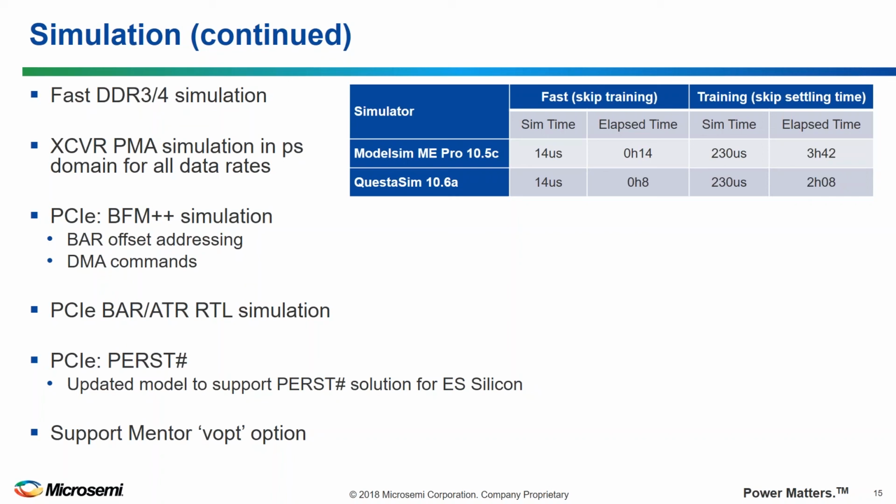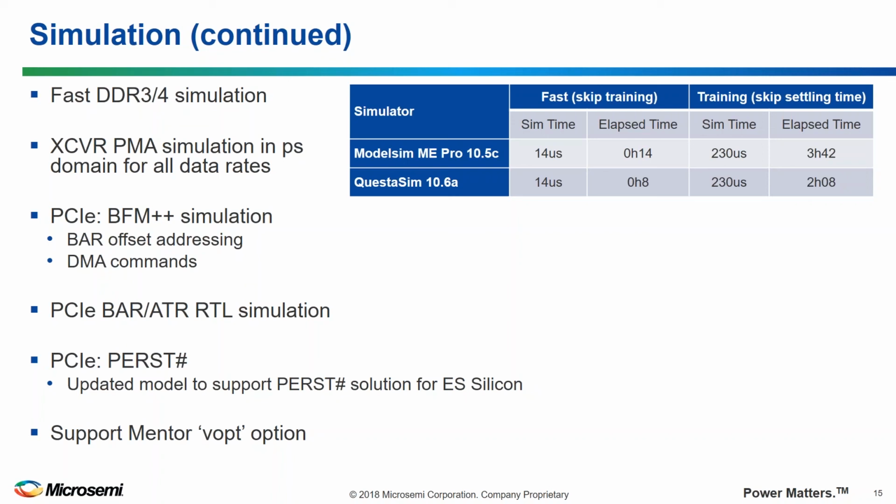Now here, with the bus functional model, the physical layer is not actually implemented. The intent of the bus functional model is to allow you to verify the interface between the physical media attachment and the FPGA logic, and allows you to run the simulation much faster. So that's the recommended method to simulate PCI Express designs very quickly.